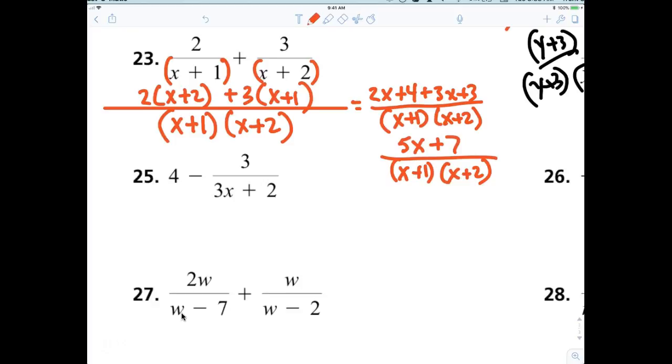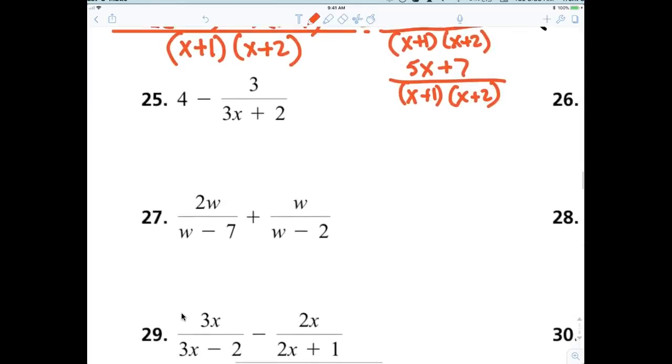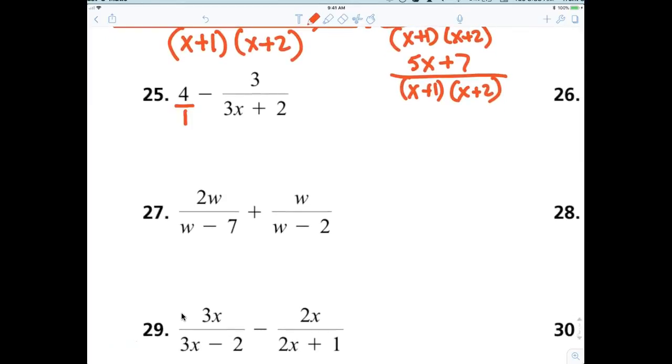Everybody agree? Not hard. Now 4 is said to be 4 over what? 1. 4 over 1. So what's the common denominator? 3x plus 2. It's just 3x plus 2.